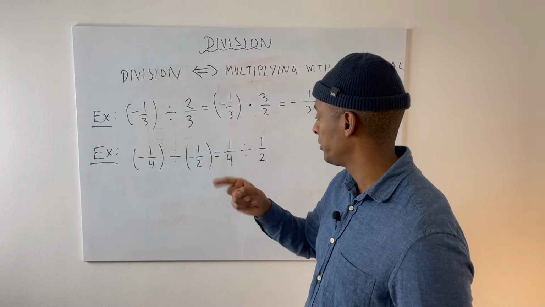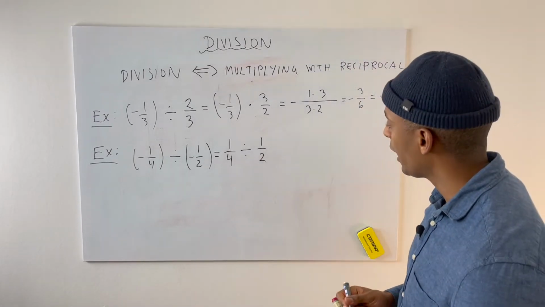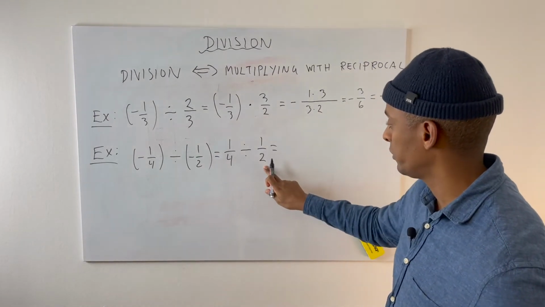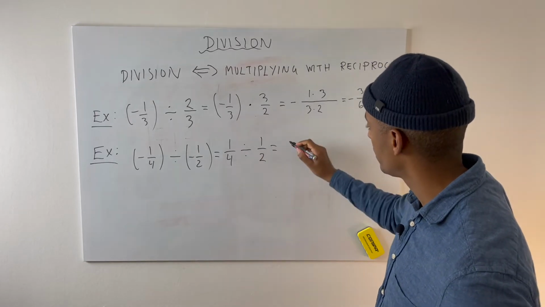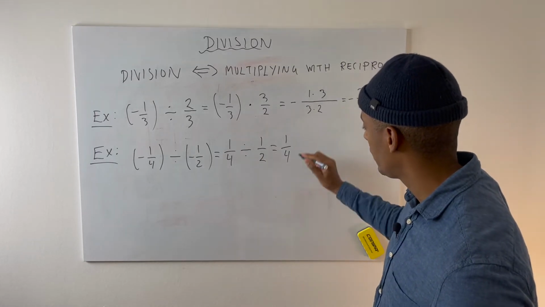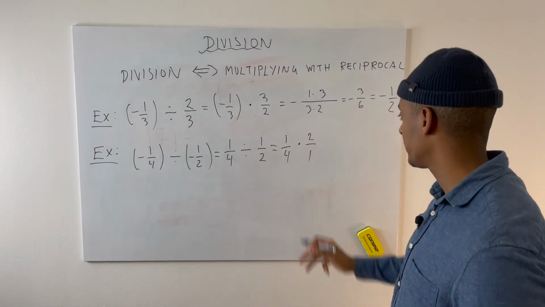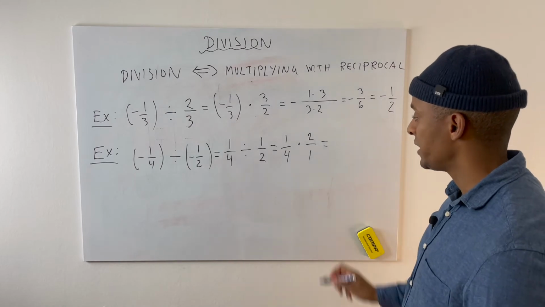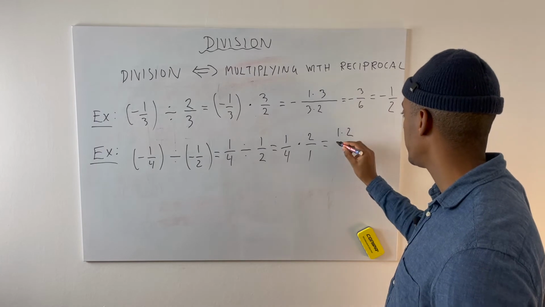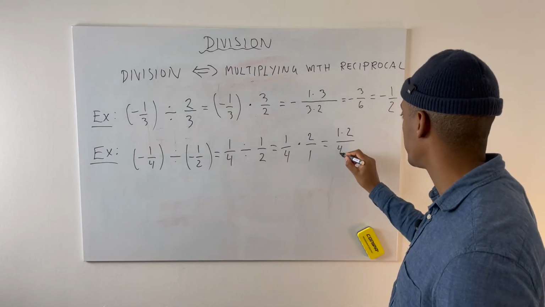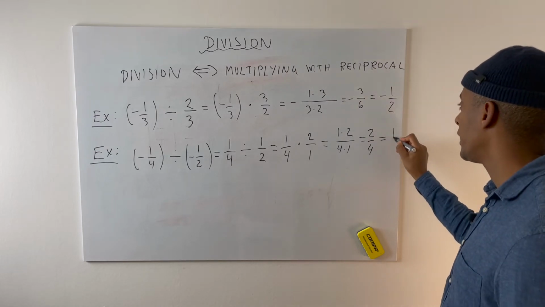That was in the cheat code, if you remember. Now we're dividing by a rational number, so we flip it and make this into a multiplication. We write 1/4 and multiply with the reciprocal. That's flipping, right? Now it's easy. We multiply the numerators, 1 times 2, and divide by the denominators, 4 times 1. That's equal to 2 divided by 4, which is equal to 1/2.